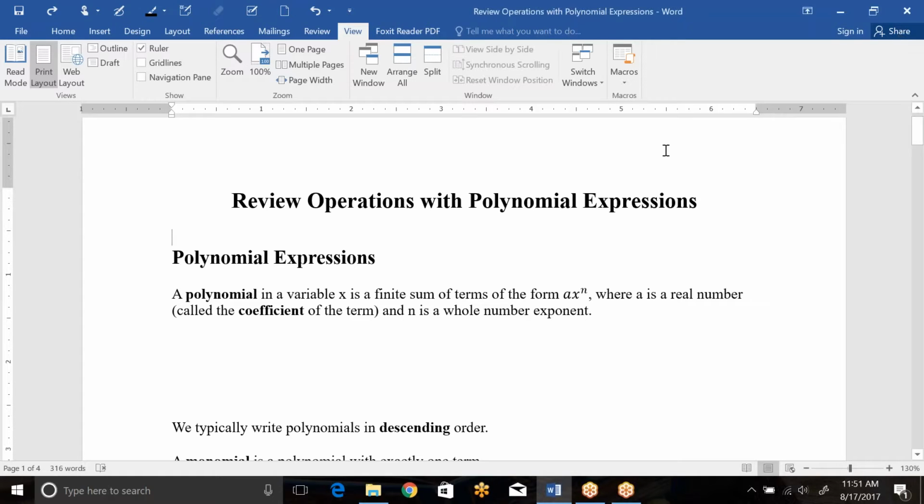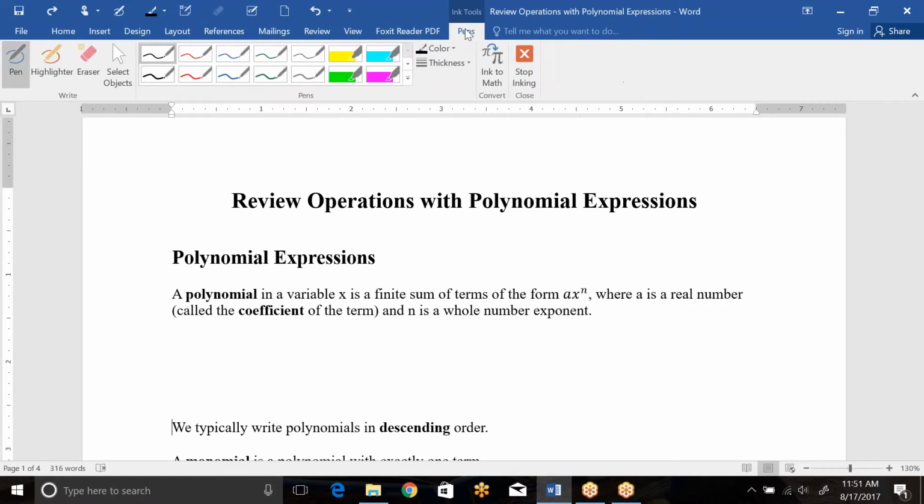So a polynomial in a variable x is a finite sum of terms of the form ax to the nth, where a is a real number called the coefficient of the term, and n is a whole number exponent. Some examples of polynomials: it could be something as simple as 2x squared plus 5. It could be -7.